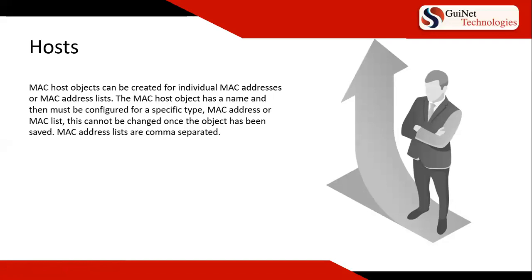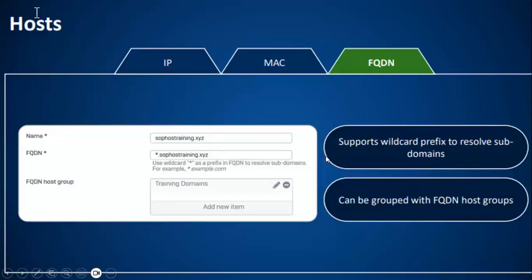For MAC address list, the MAC host object can be named and must be configured for specific type, MAC address or MAC address list. This cannot be changed once the object has been saved, and MAC address lists are done by just putting the commas. Okay, you have to put commas between the MAC addresses and you will create the MAC address host.